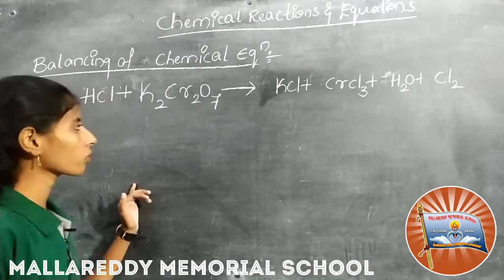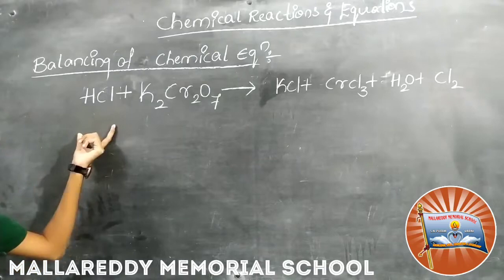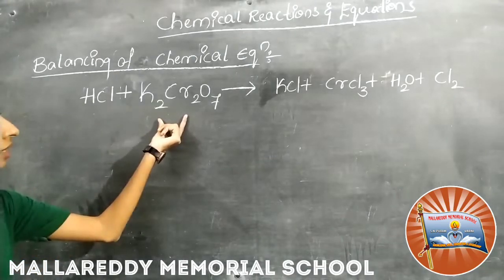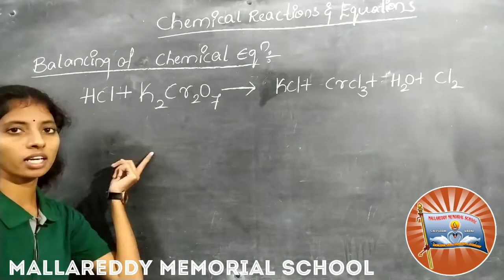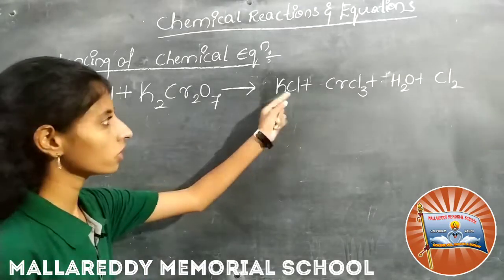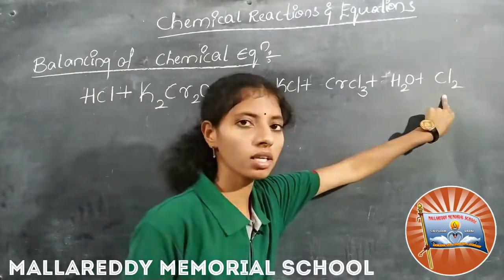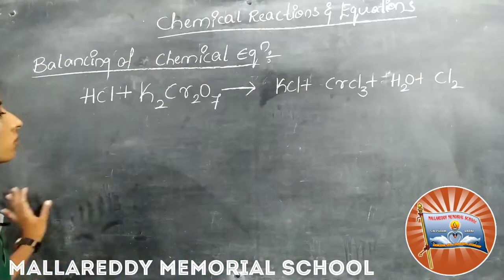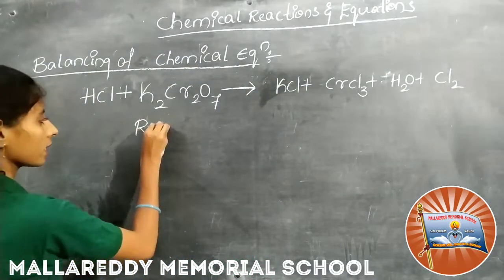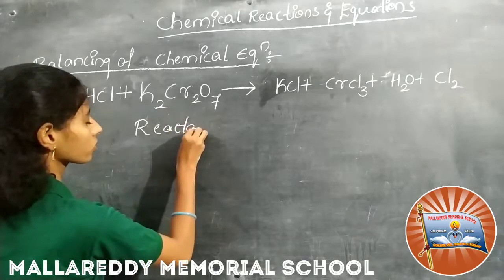See one more chemical equation. Here I have taken HCl and K2Cr2O7 as the reactants, and on the product side we have KCl, CrCl3, H2O and Cl2. Now write down the number of atoms of reactants and products here.